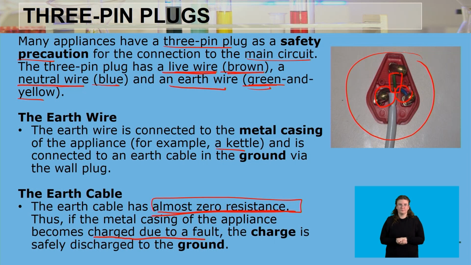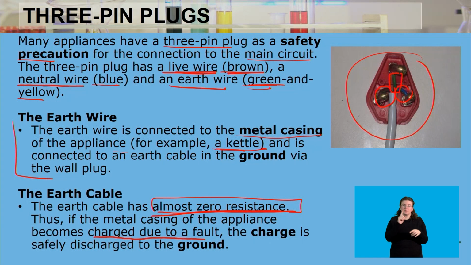The earth wire is connected to the metal casing of the appliance you are trying to connect. The earth cable has almost zero resistance, and it is used to discharge the charge to the ground whenever the charge gets too much. So it is used as a discharge mechanism.